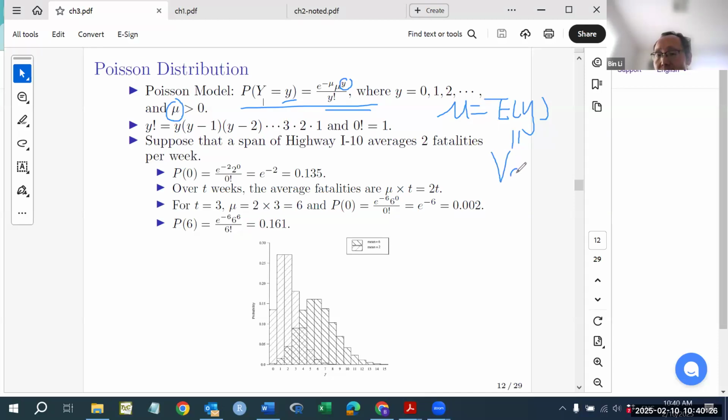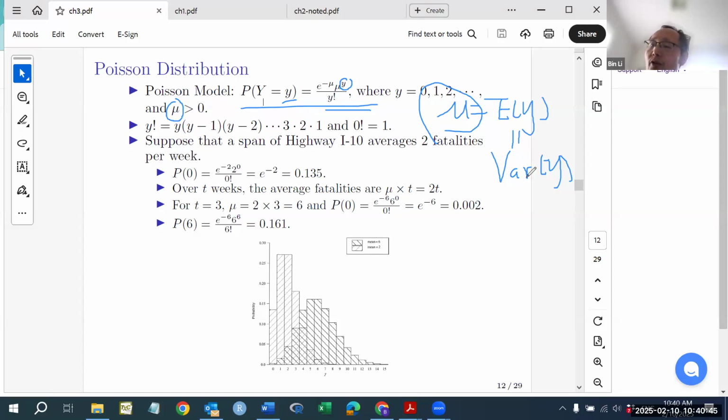The variance of y. So you can see in the Poisson model, we only have one parameter, and that parameter describes both the mean and the variance. This is the feature of the Poisson model.